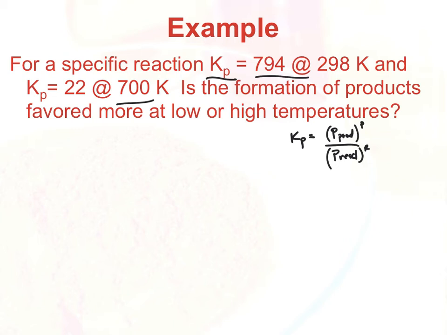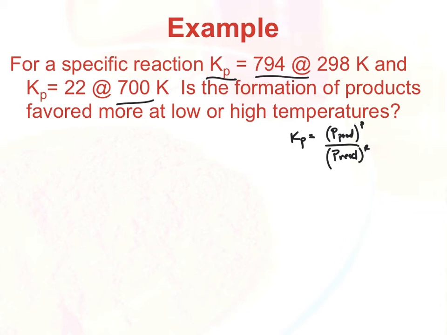So remember, guys, our equilibrium expression is going to be the concentration of our products, or the partial pressure of our products to some power, over the partial pressure of our reactants. So if Kp is large, that means that I have typically more product than reactant.